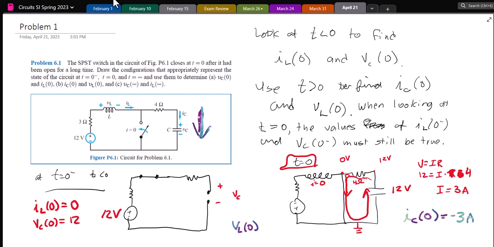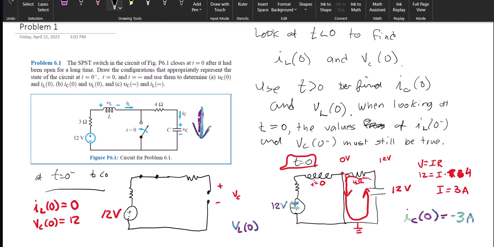And so if there's no current flowing through it, that means that if we're calling the bottom ground, and this is 12 volts, and there's no current over here, then everything above, I think I labeled this backwards, that's plus and that's minus. Everything above this voltage source is at 12 volts.